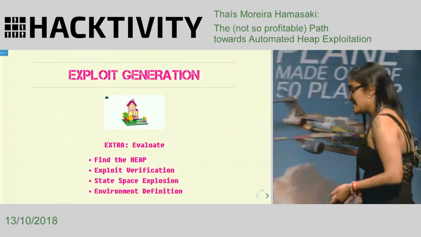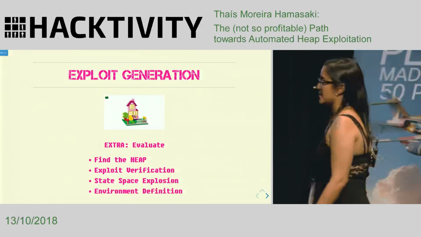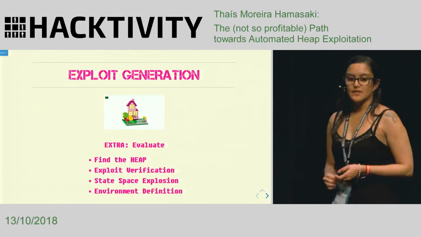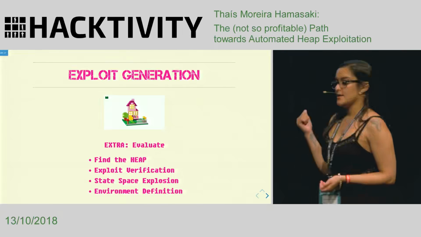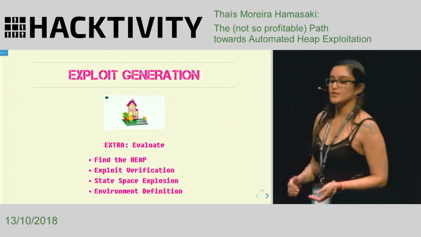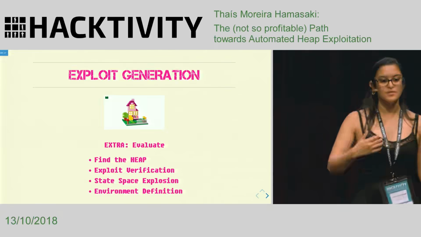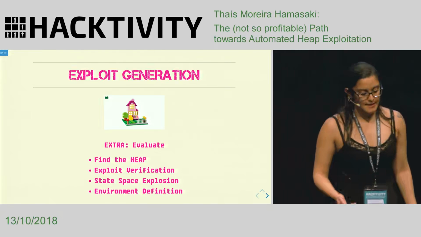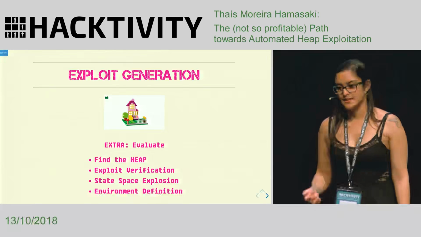And the last problem that I had was environment definition. Because as I said before, my exploit was working just most of the times, and I wanted to know why. And the thing is, that's memory, right? So every time I run my code, it's somewhere else, and you have the old thing sometimes there.